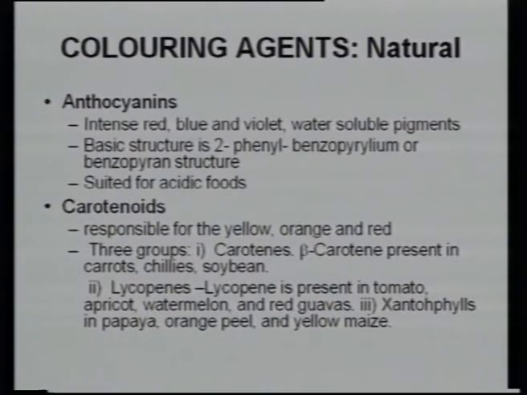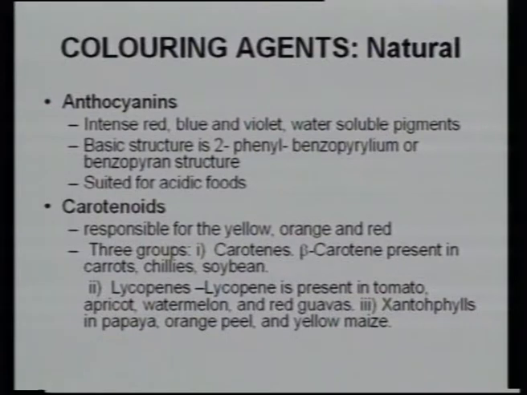Then the coloring agents are there. Anthocyanins give the red, blue, and violet color. These are the natural ones I am mentioning. Then carotenoids give the yellow, orange, and red color, and the sources for this are apricot, watermelon, red guavas, papaya, yellow maize.